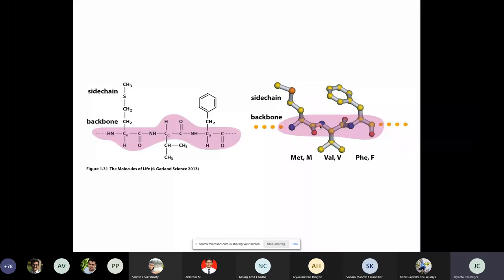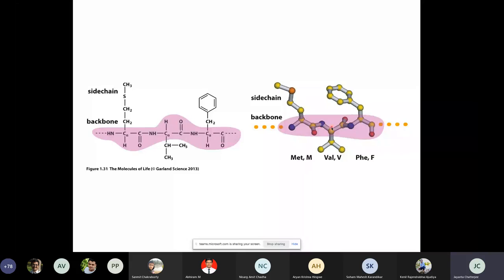This is something else I'm saying now. Likewise, if you keep this plane constant, this plane can rotate with respect to the fixed plane. Likewise, if you keep this plane constant, this C alpha and this C can rotate with respect to this plane. Okay? So this is what actually rotates.